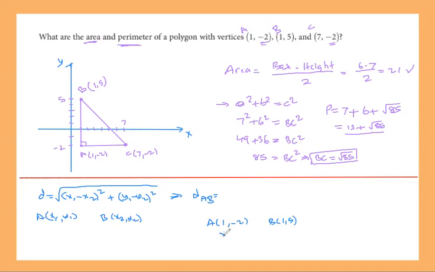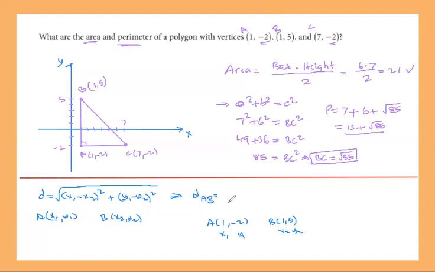So A is 1, negative 2, and then B is 1, 5. If I want to name these x1 and y1, and x2 and y2, just to see what we are doing, I'll take the difference of the x's, which doesn't matter what order you take, as long as you take the difference of the x's and square, so you should be fine.